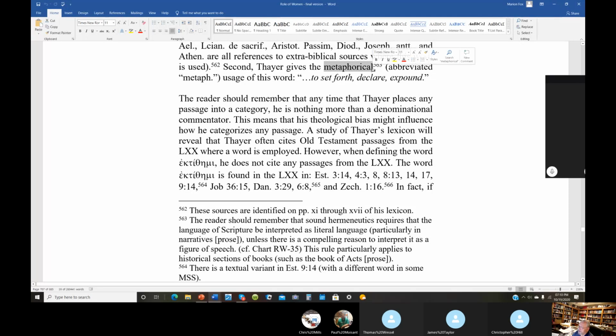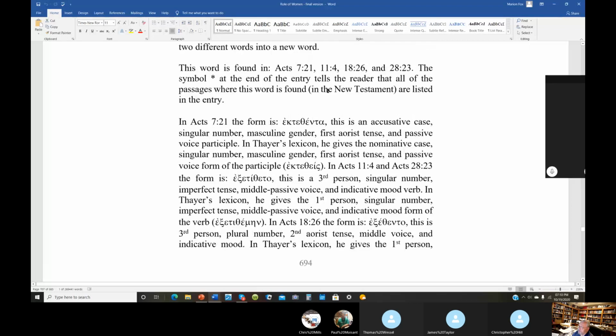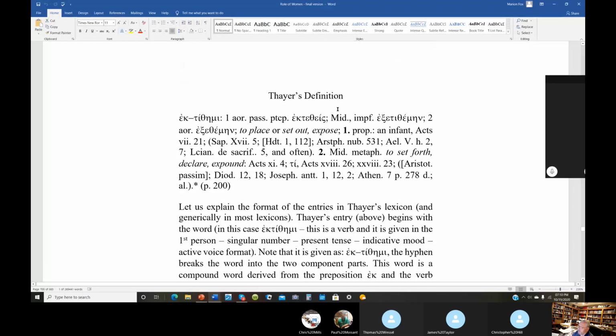But that's his interpretation. Let's go back to his entry up here so you be aware of it. What he puts in italics right here, those are his definitions. In a metaphorical sense, he claims these are the definitions. Is that clear? All right.